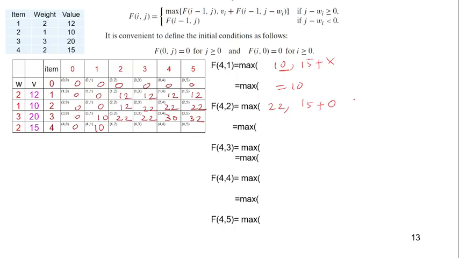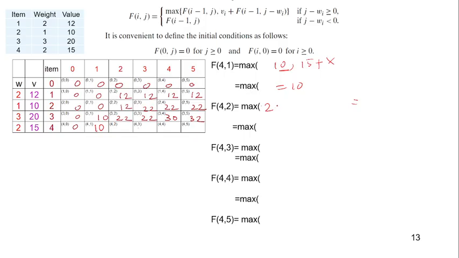Which one is maximum? 22. Wait, let us calculate it again. I have a doubt. So for 4 comma 2, you have to consider the previous value.